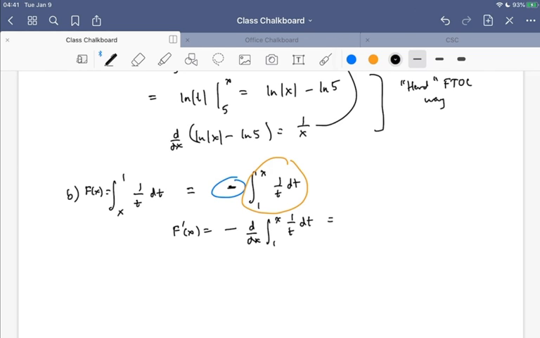And that guy's derivative by the fundamental theorem is 1 over x. And then, of course, we've got the negative in front. So in this case, it's just off by a negative.